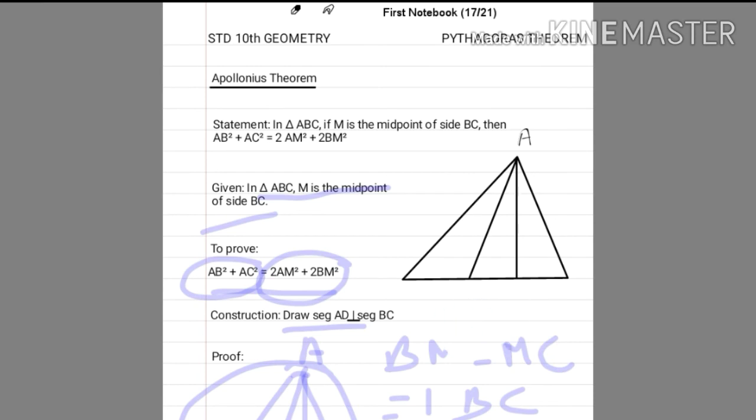So I just clear everything, and this is B, this is C, D and M. So if we look at this triangle ADB, here we can see these 3 points, that is B, M and D, lie on the same line, and we can say that BD is equal to BM plus MD, and this is what collinearity is.